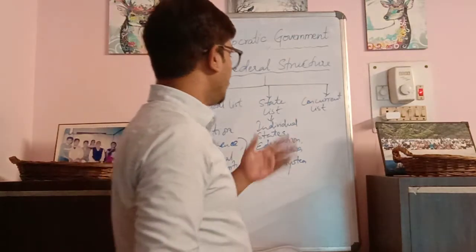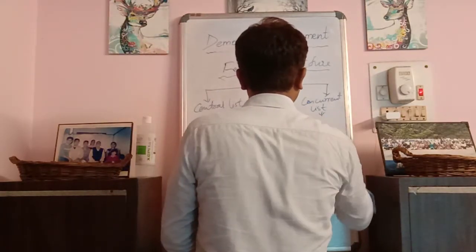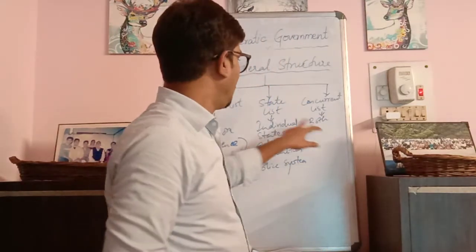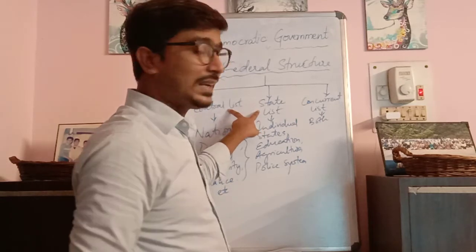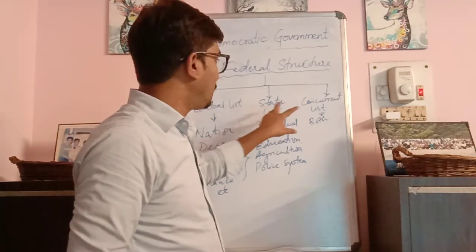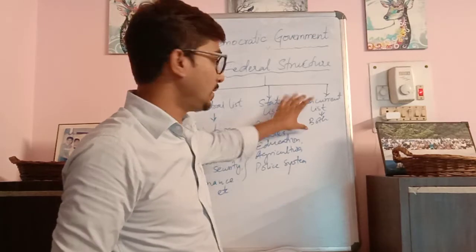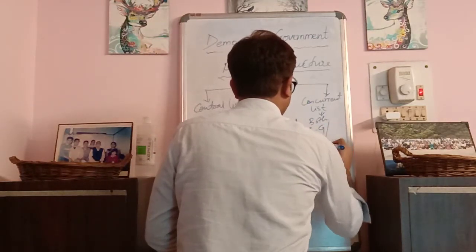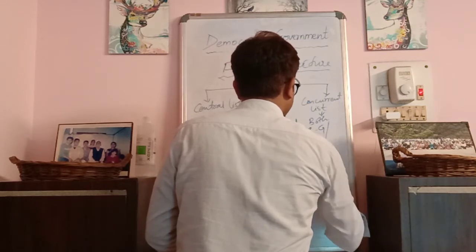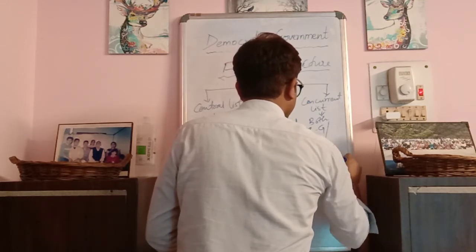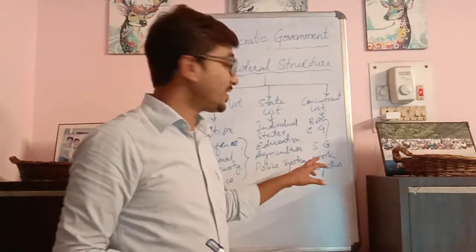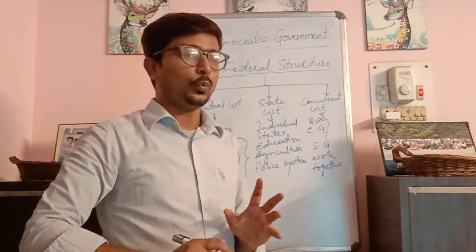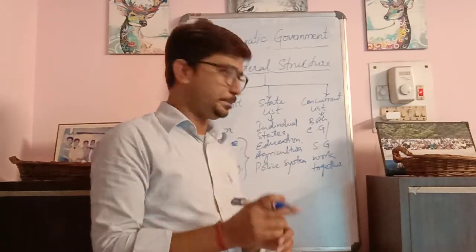And the third one is known as the concurrent list, where both, now this is different. As I told you, central and state lists are two important aspects, but there is a third aspect which is known as the concurrent list. In this, both the central government and the state government work together to solve certain important things which are related to both of them.